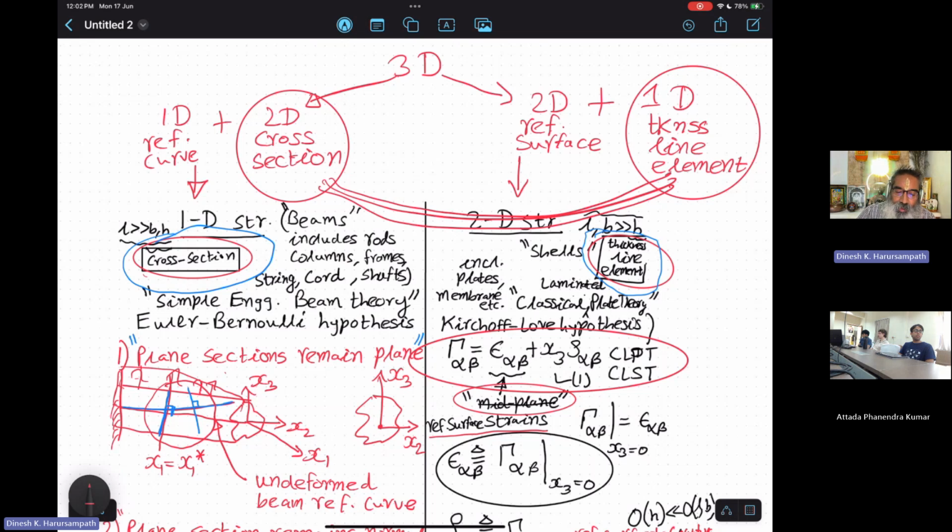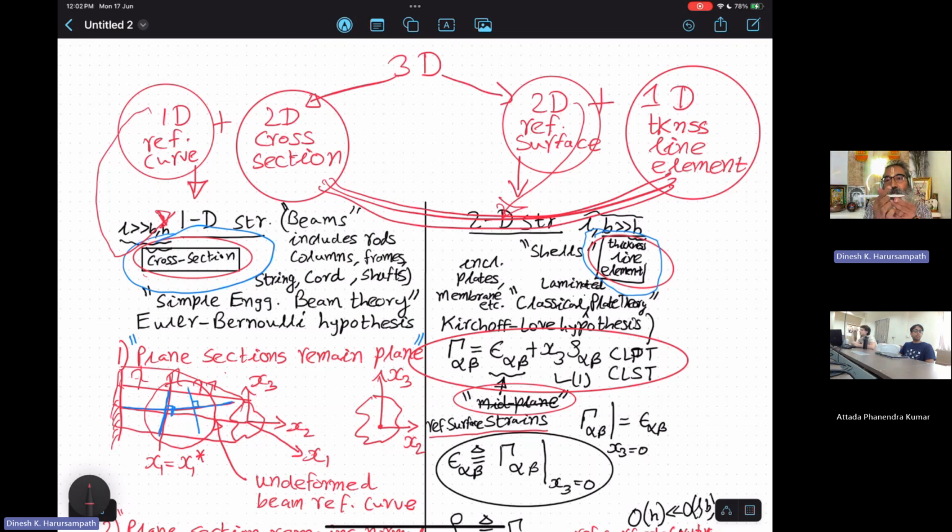And what we end up is, of course, a theory for the 1D reference curve in this case and a 2D reference surface in this case, and which is why we call that a 1D structure over here, and we call this a 2D structure over here, is because we are left with the larger dimensions.